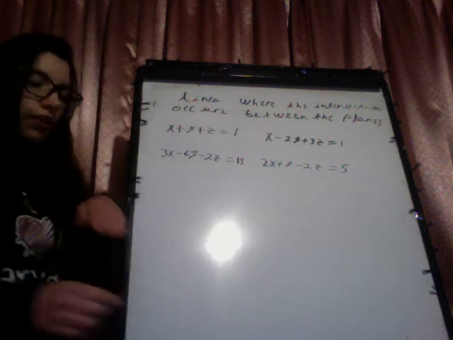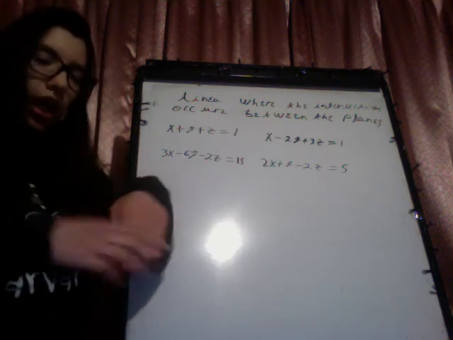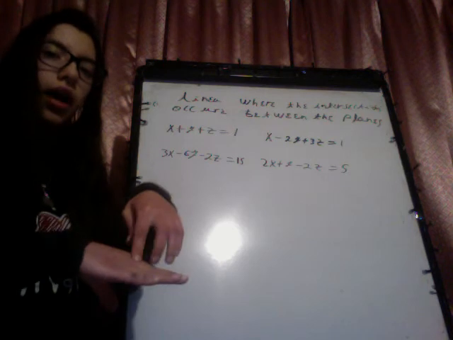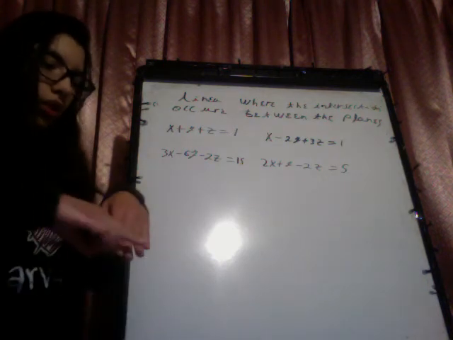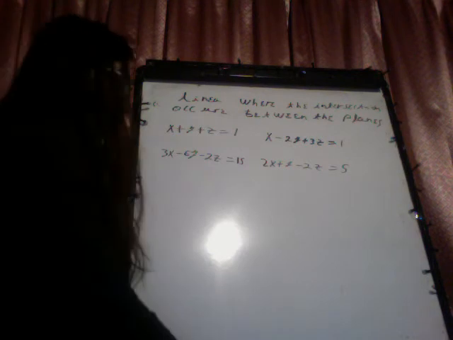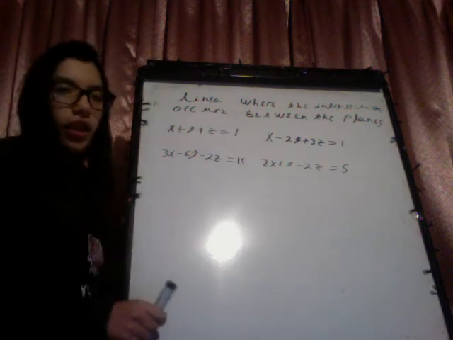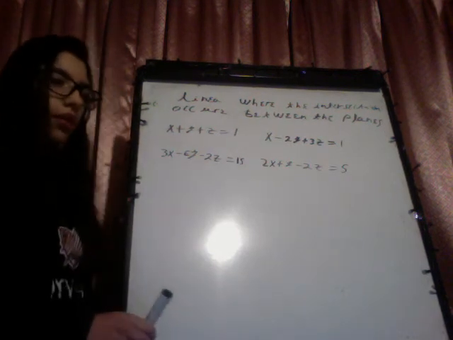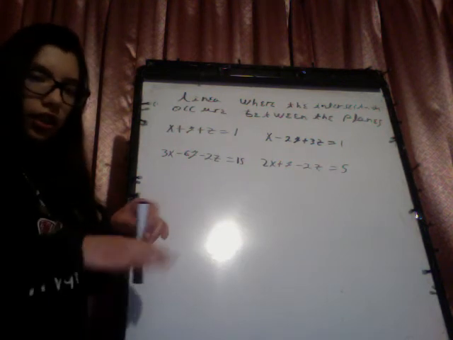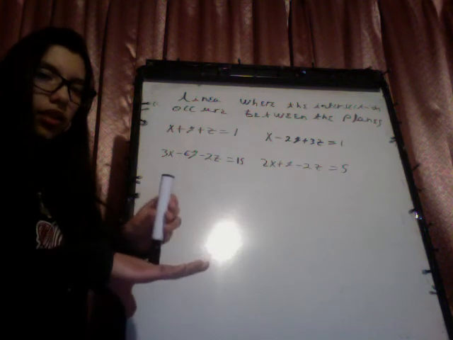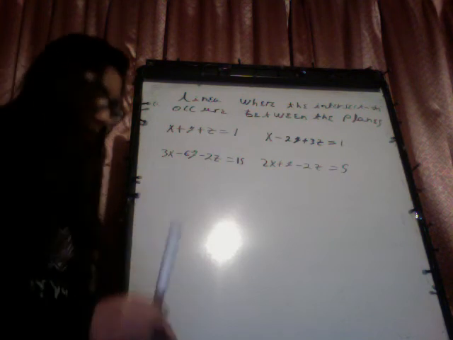So we have a normal vector for this plane, a normal vector for this plane, and those normal vectors are perpendicular to this line. So again, we need the cross product.